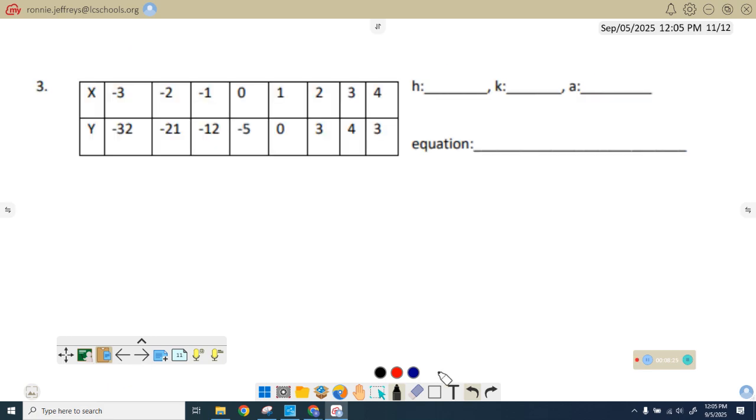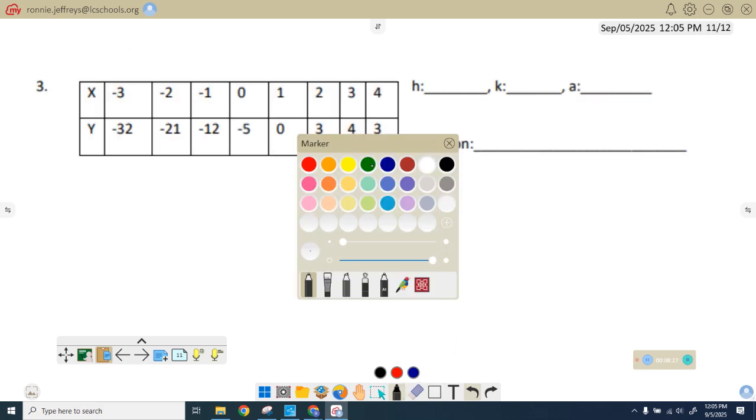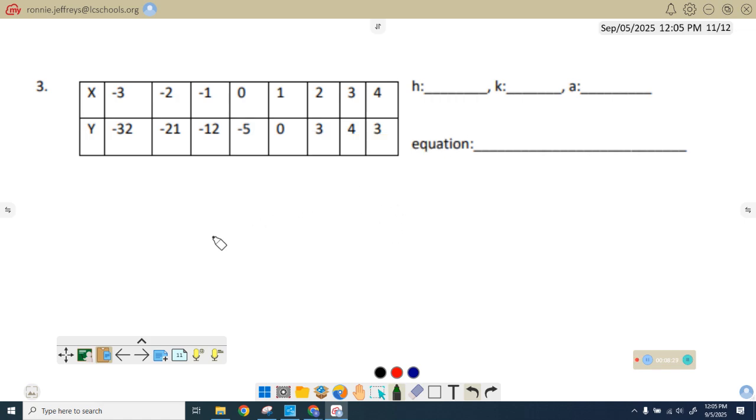All right. Number 3. Again, we look for where the Y values start repeating. It's not always going to be in the middle. Okay? Which Y values start repeating? 3 and 3.